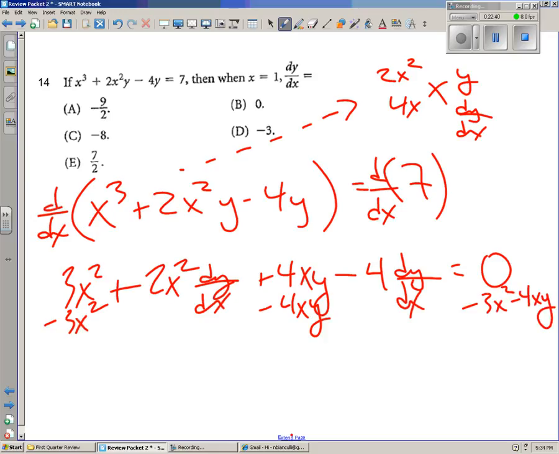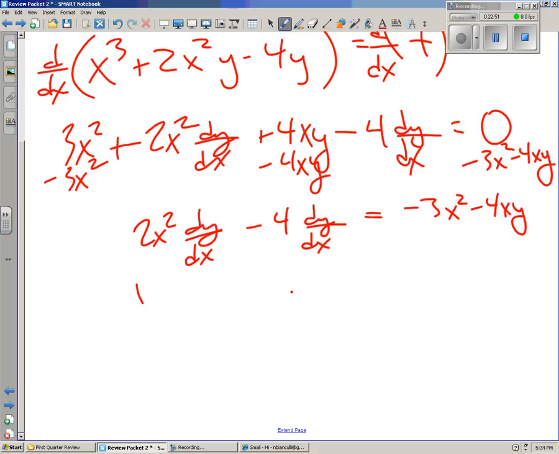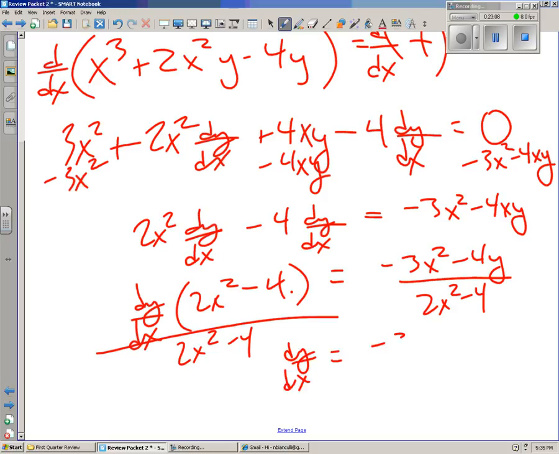So we end up with 2x squared dy over dx minus 4 dy over dx equals negative 3x squared minus 4xy. Factoring out a dy over dx, we get 2x squared minus 4, dividing by 2x squared minus 4. So dy over dx is equal to negative 3x squared minus 4y over 2x squared minus 4.